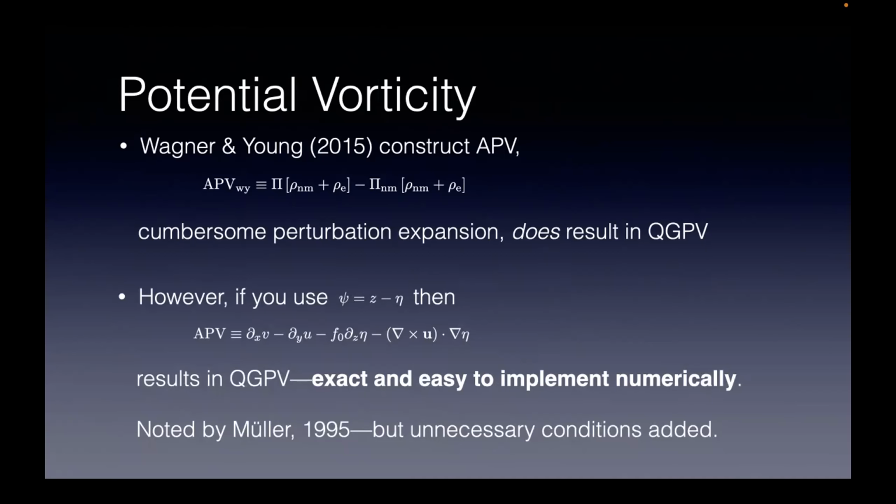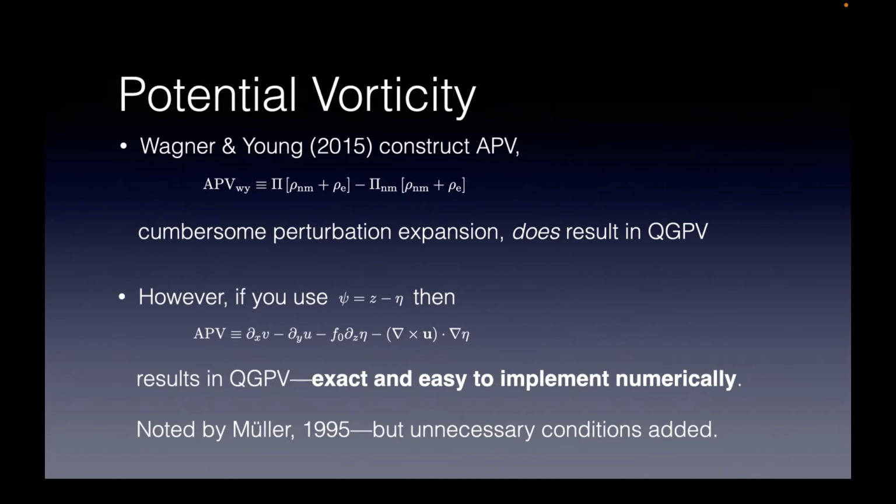Well, it turns out all you have to do is use Z minus eta as your conserved quantity in your PV conservation law, and then you end up with this super simple 4-term APV conservation. Now, the eta in here is a little different than the eta in QGPV. The QGPV eta is a sort of approximated poor man's version, and this is the true isopycnal deviation of each particle. But regardless, you can compute it, no problem.